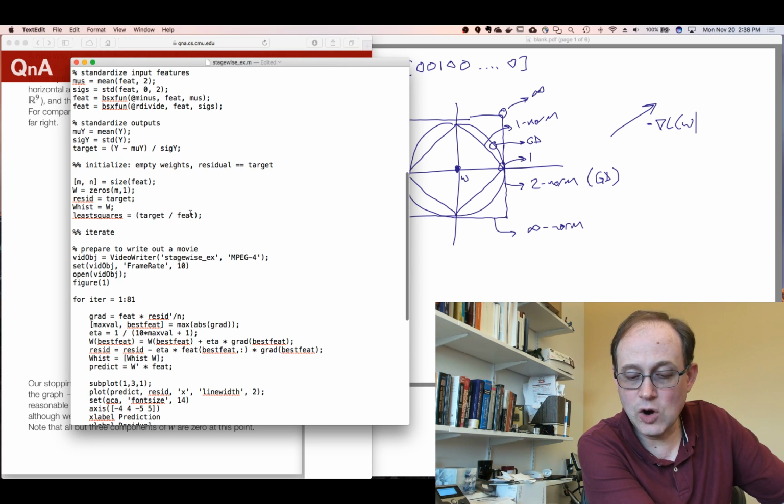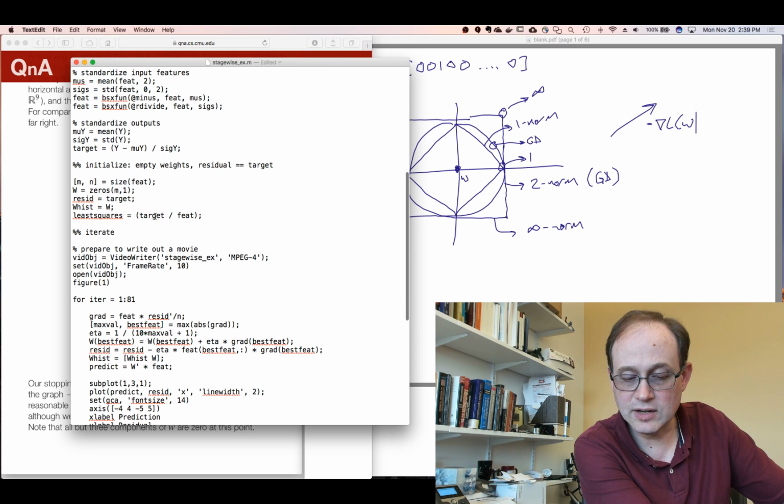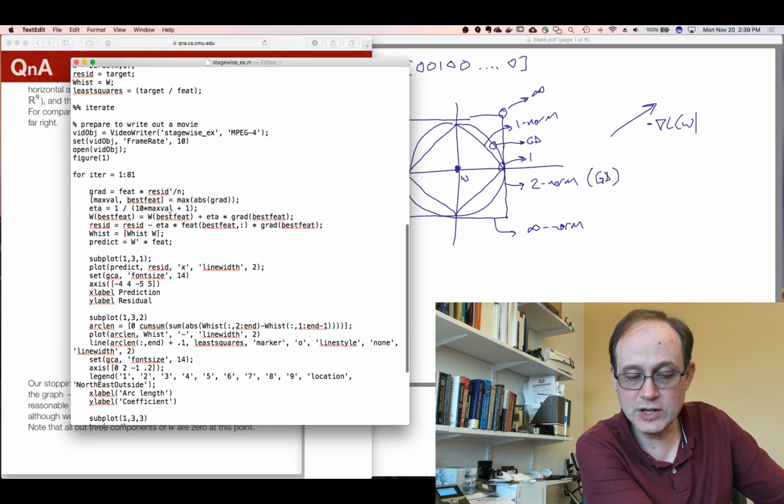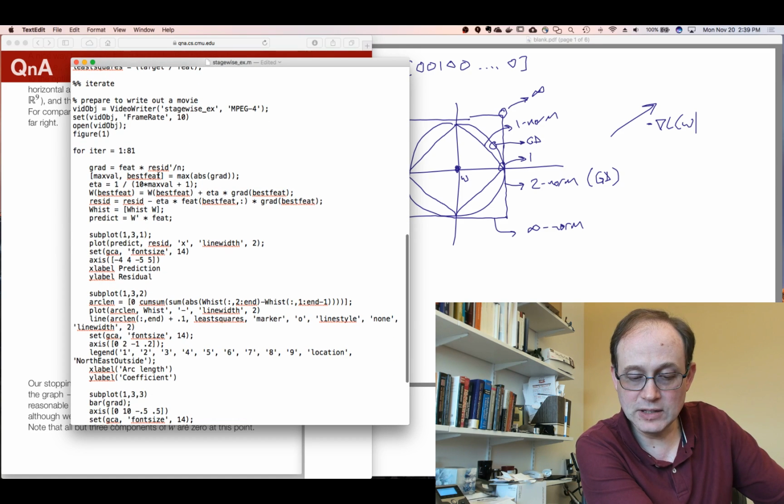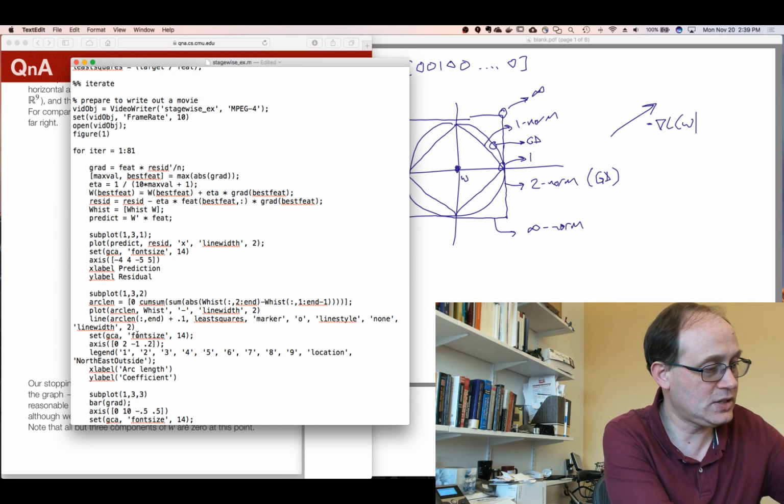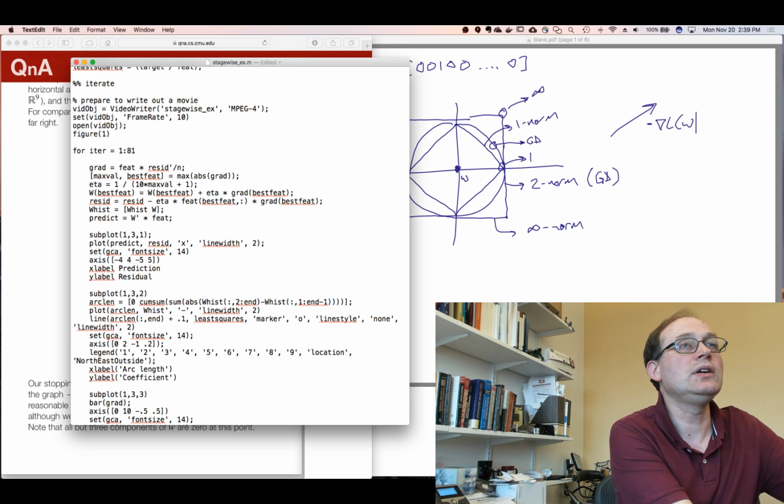And for plotting purposes, I compute the least squares weights for comparison. And then we just iterate. We repeatedly compute the gradient, and we solve the problem of taking a step. We choose a learning rate and make the step, and all of the rest of this is just doing a plot. So let's take a look at what the movie looks like.